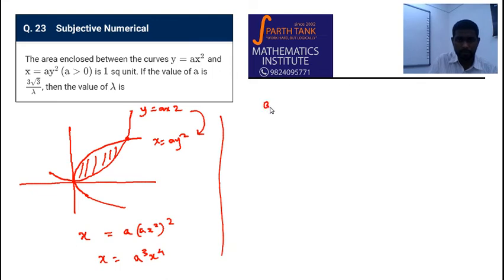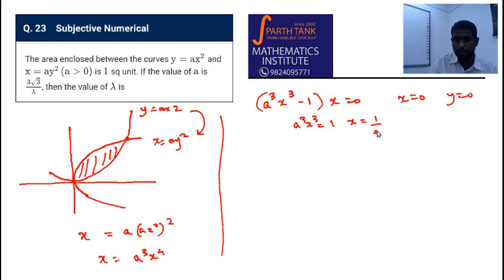This means a cube x cube minus 1 times x is 0, which is x is 0, therefore y is 0, that is this point itself, or a cube x cube is 1 and x is 1 by a, and the corresponding value of y, if I substitute anywhere here, is 1 by a. So this point is 1 by a comma 1 by a, and this point is 0 comma 0.